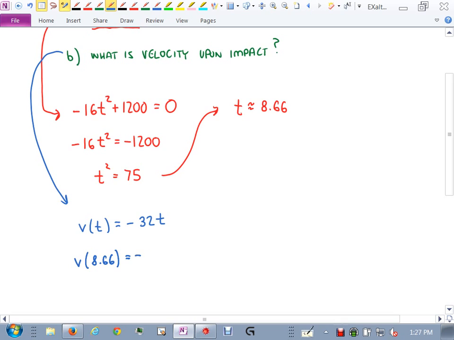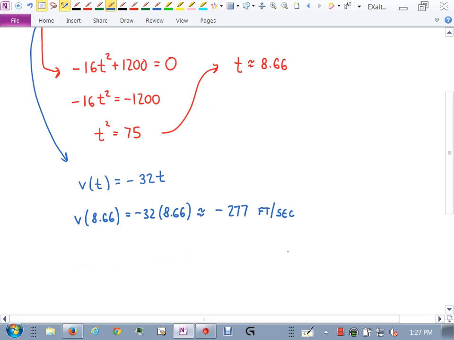You get negative 32 times 8.66, which is approximately negative 277 feet per second. 277 feet, almost a football field, in 1 second is the speed at that instant in time. Right when that thing hits the ground, after 1,200 feet, it's traveling at this speed.